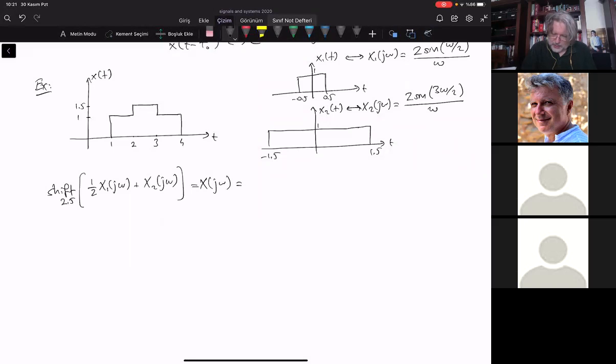And this one will be, the shift is simple. It is e to the minus j times 2.5 times omega, okay?